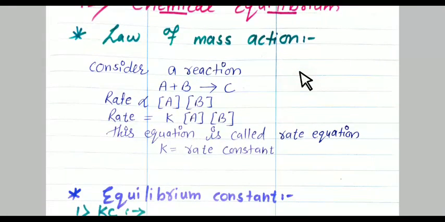So, what is the law of mass action? The rate of chemical reaction at each instant is directly proportional to the concentration product of all the reactants. Concentration product means multiplication of the concentrations of the reactants.